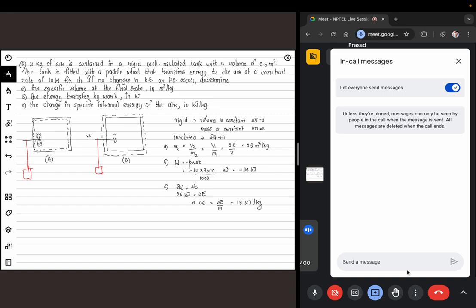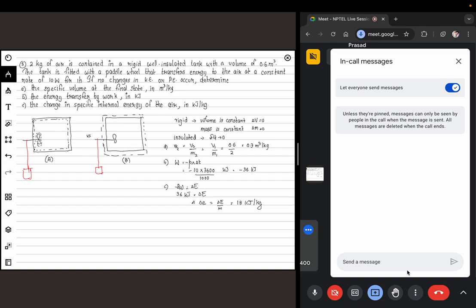It only depends on the initial and final state. It doesn't matter what you consider. As long as air is my system, this doesn't change, provided the temperature of the fan is not changing. If the temperature of the fan is also allowed to change, then this delta E will again be split into two parts. A part will correspond to the air, and another part will correspond to the fan.